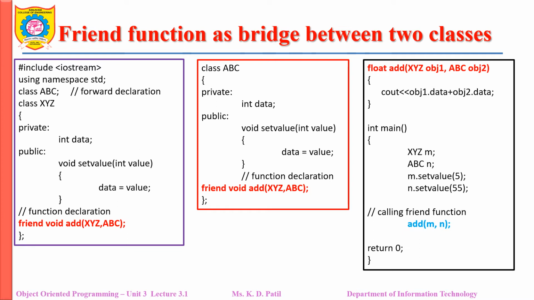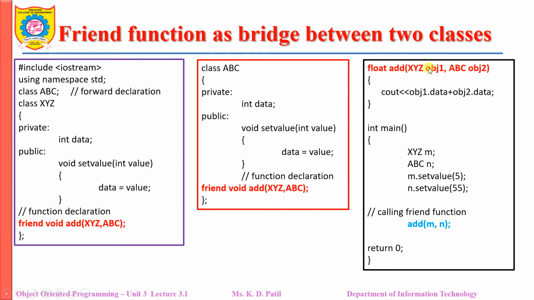When the friend function is called, it will jump to the friend function definition, and if you observe that definition, two objects have been passed. One object is of class XYZ and the second object is of class ABC. So those two objects are passed as arguments to this friend function add.